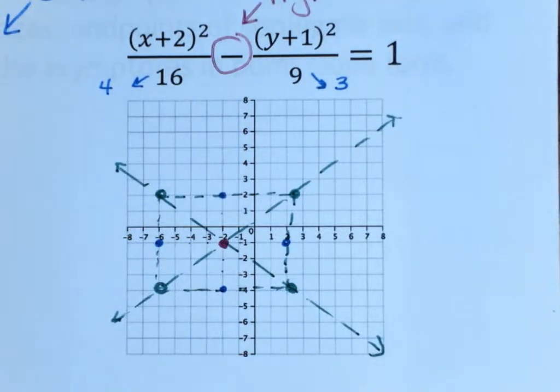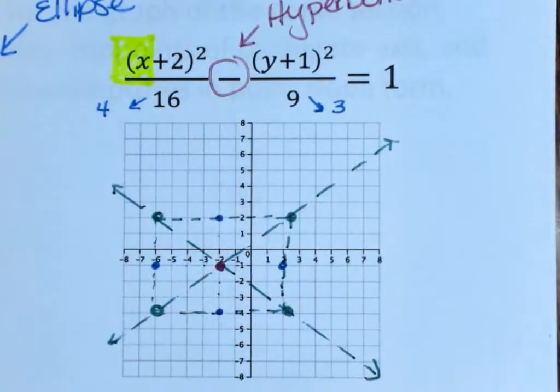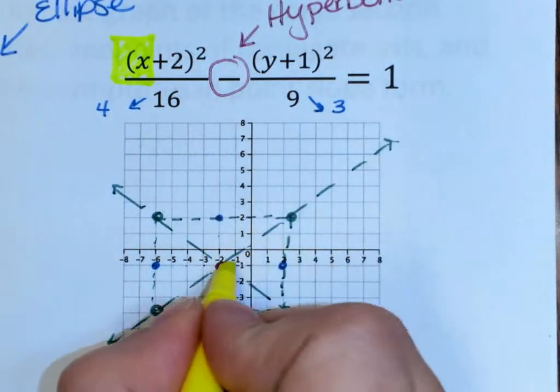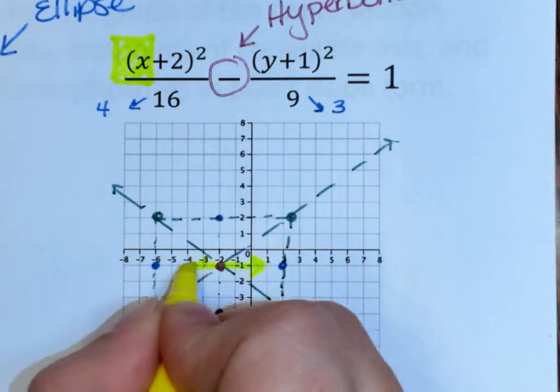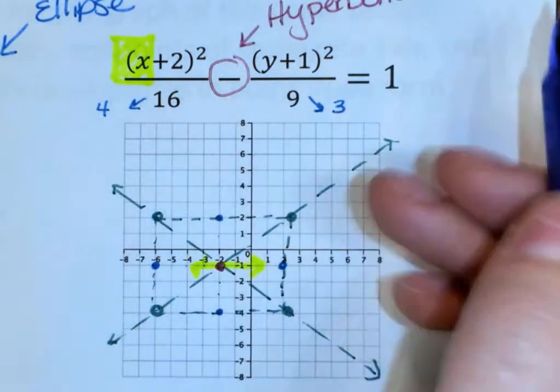All right, I need to make a decision with this though. Which direction am I going to open? Top to bottom or left to right? Left to right. Your x, that's the positive guy. X goes from left to right. That means my hyperbola is going to go from left to right.